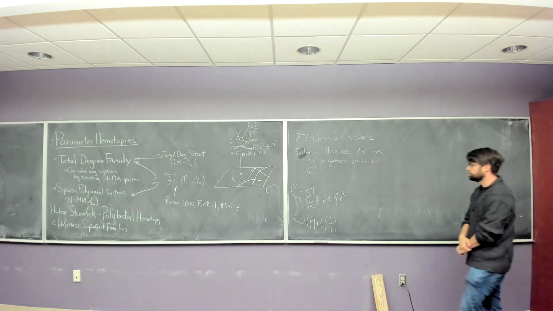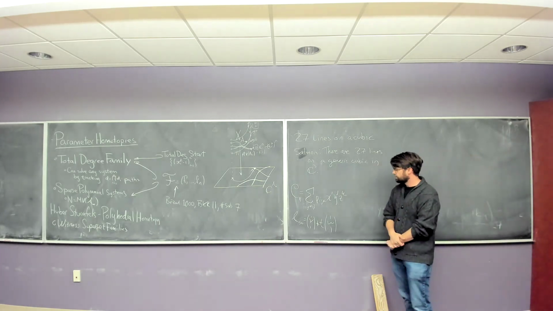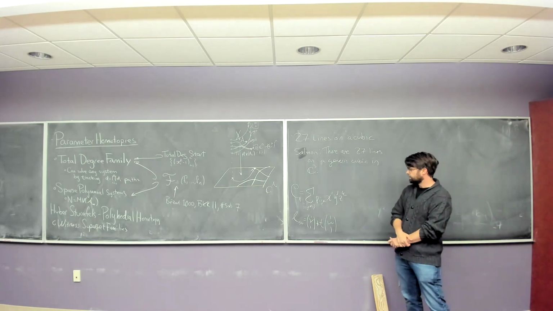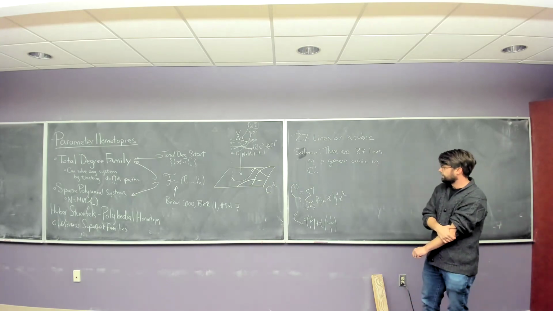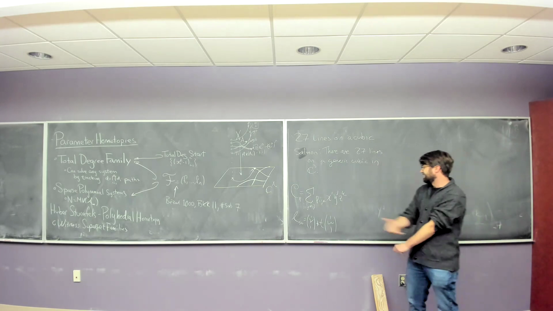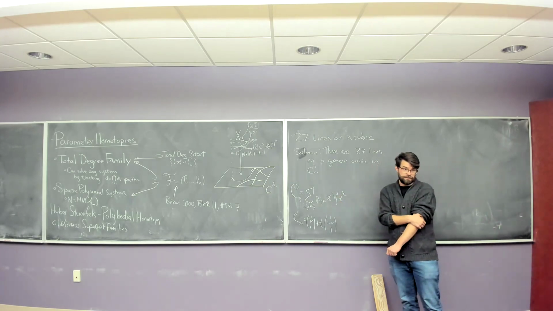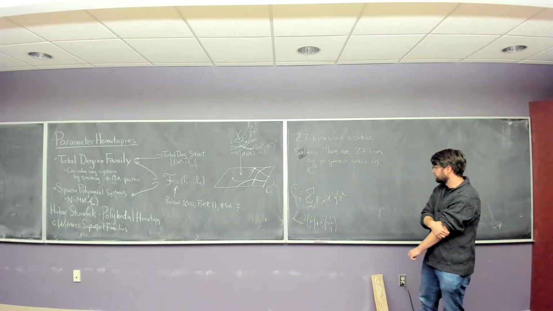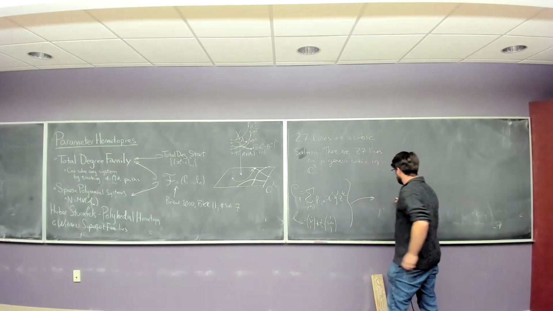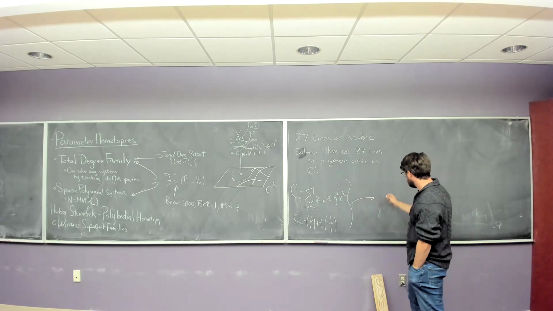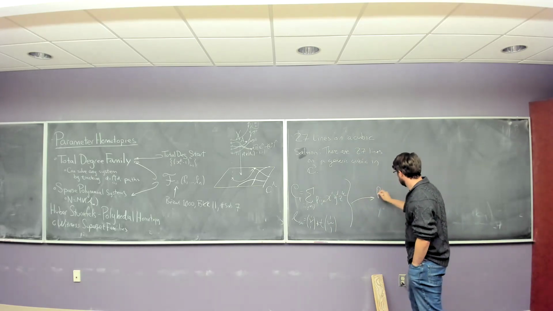Okay, so using the setup in one of our first classes, I think it was our first computational day, we wrote down equations for the lines which are contained in one of these cubics. Okay, so this was some parameterized polynomial system.